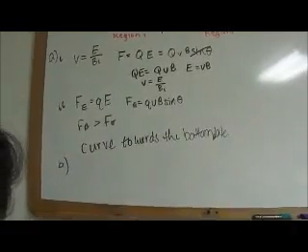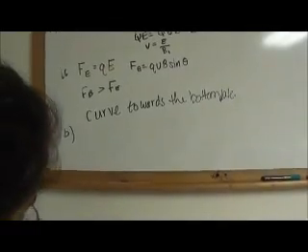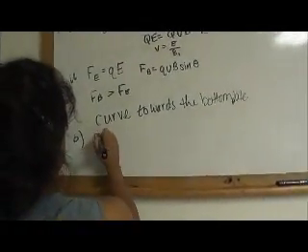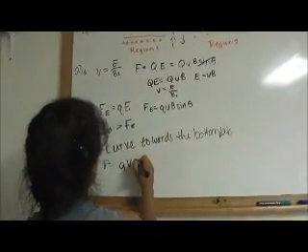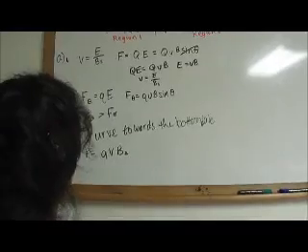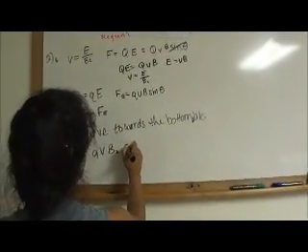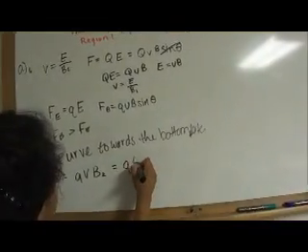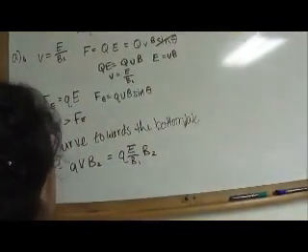Determine the expression for the initial magnetic force on the particle in region 2 and state its direction. So the force is going to be equal to QVB2. And we can substitute in the V that we found in part A and we get Q times E divided by B1 times B2.